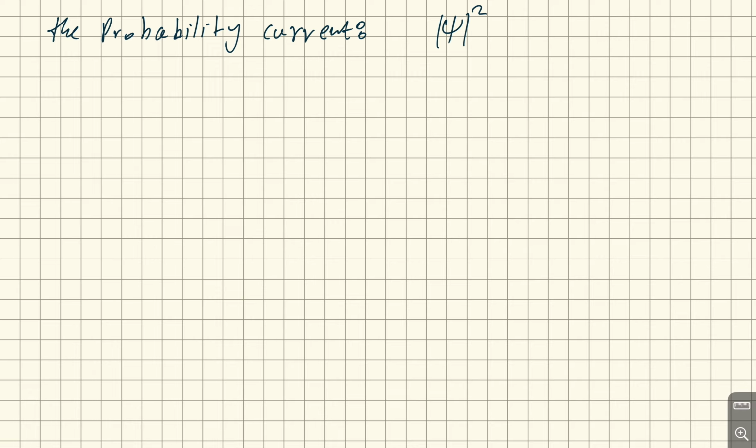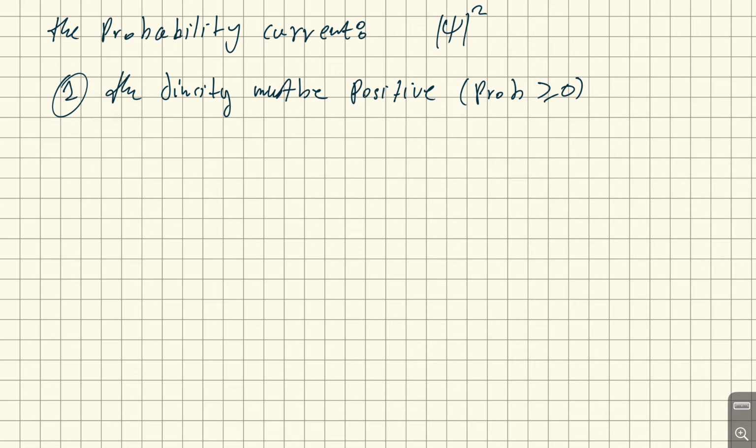Now, for this interpretation to work, we have two conditions. The first condition is that the density must be positive. That means the probability should be greater than or equal to 0, and that makes sense. That's the basic human sense.